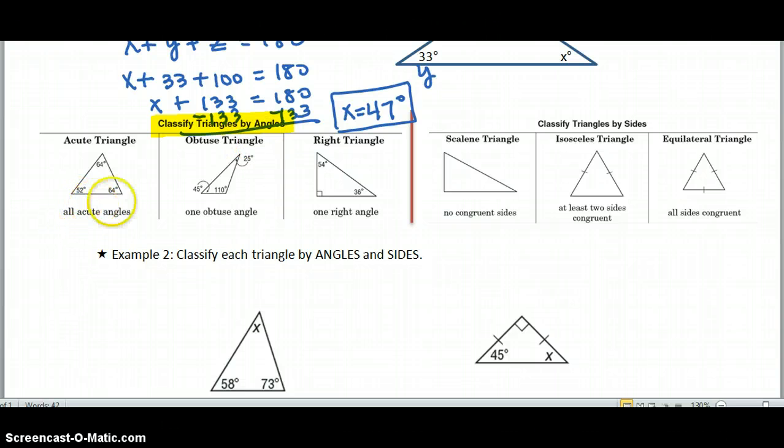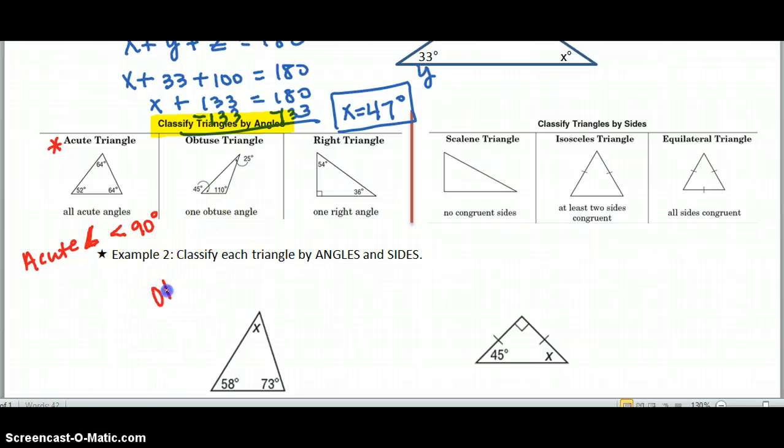If all of the angles are less than 90 degrees, they are acute. An acute angle measures less than 90 degrees. So all of these angles are less than 90, which makes this an acute triangle.